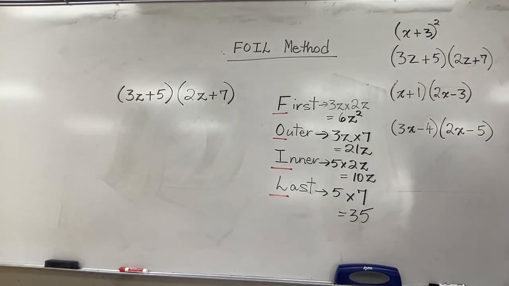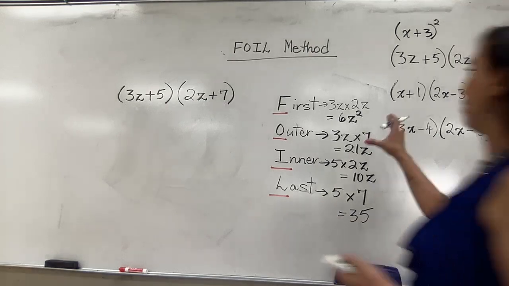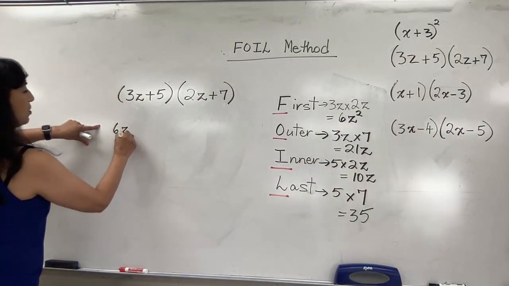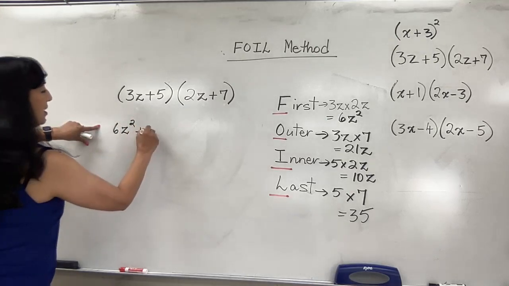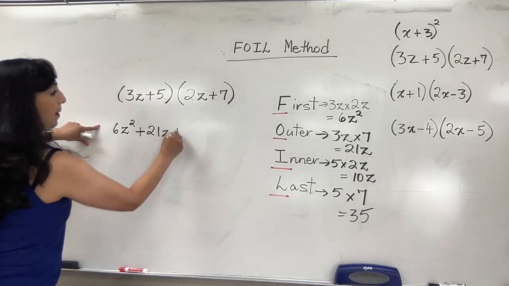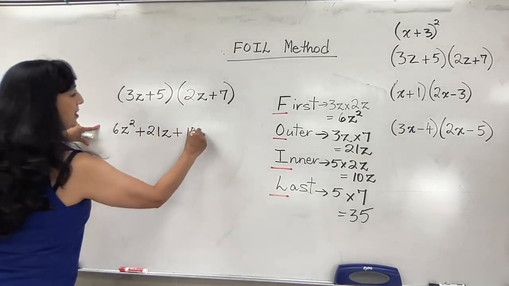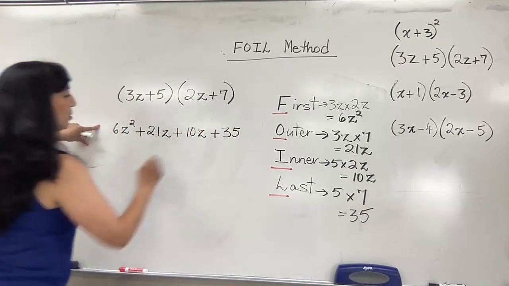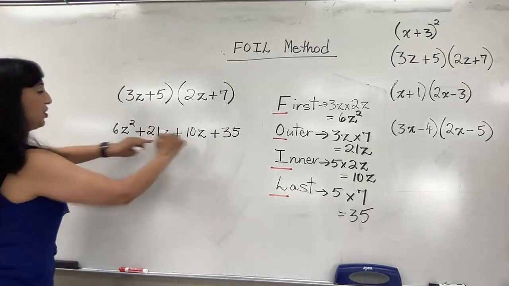Okay, and now I'm going to combine the like terms. All right, so let's go ahead and do this over here. I have 6z squared plus 21z plus 10z plus 35. So like terms are these two, okay?